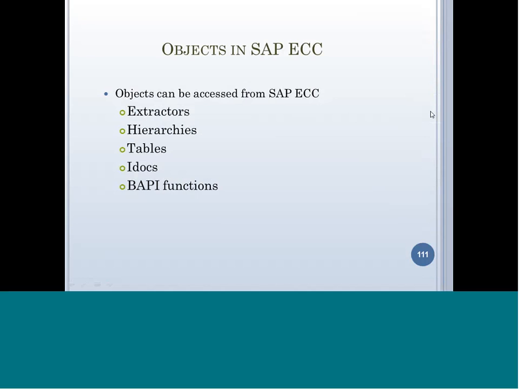Extractors take the second level, and hierarchies take the third level of usage of an SAP ECC system. But normally, tables are very regularly and very effectively used data sources from the SAP ECC system.